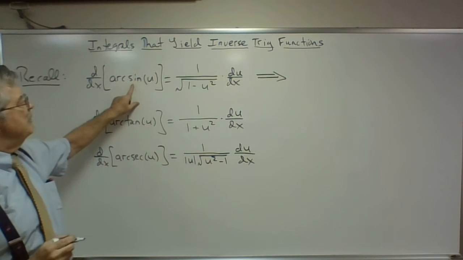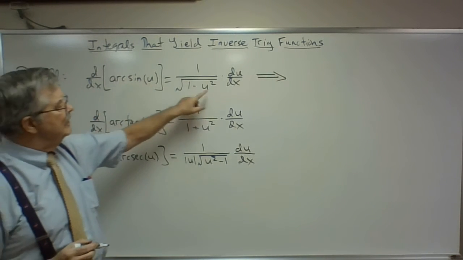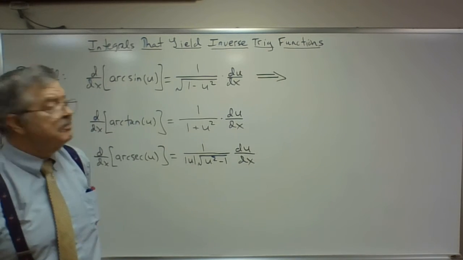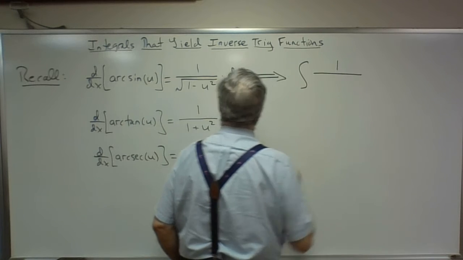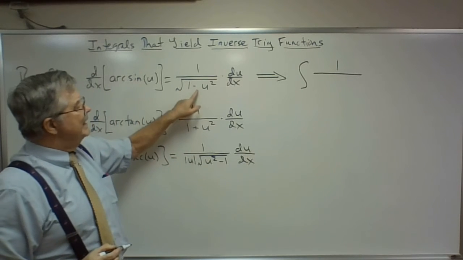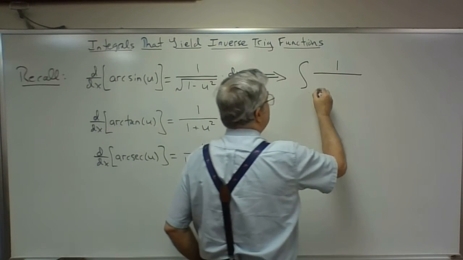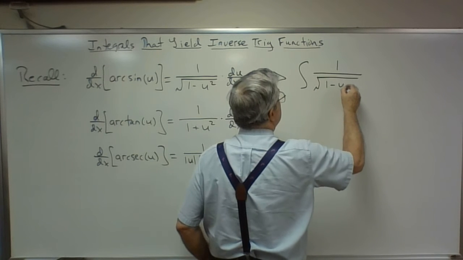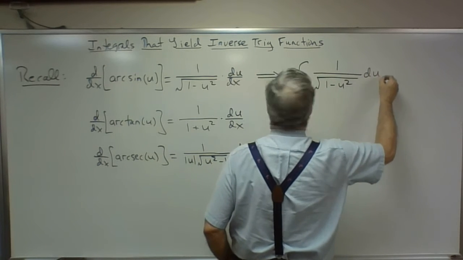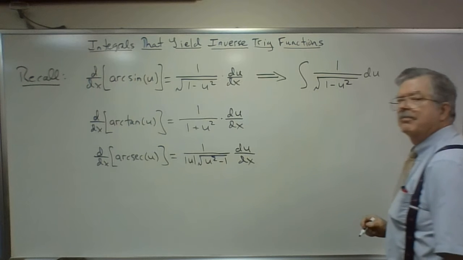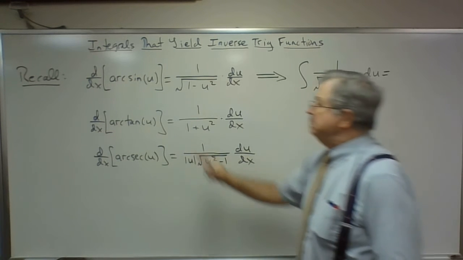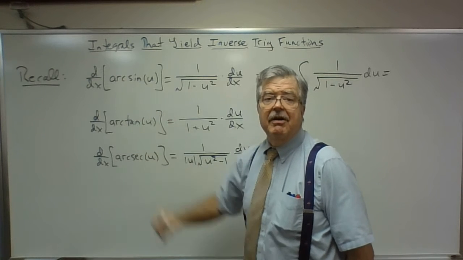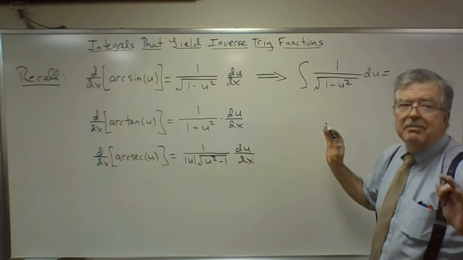If the derivative of inverse sine of u is this mess, then it stands to reason that if we compute the antiderivative of this, we should get the thing that we started with, plus some constant.